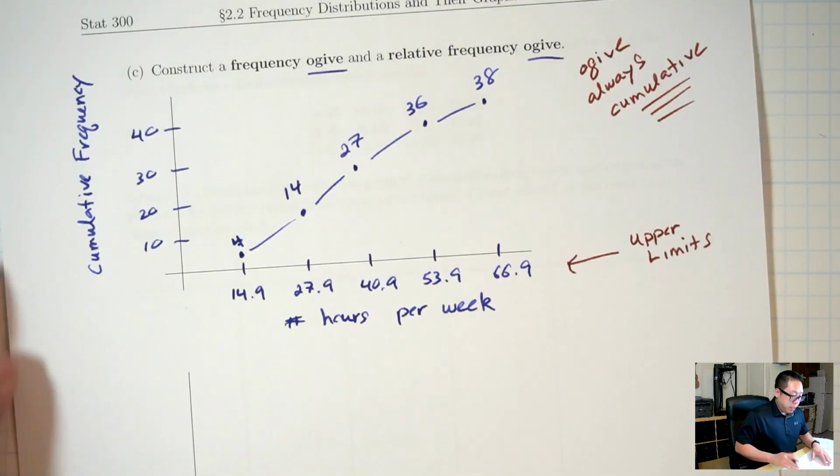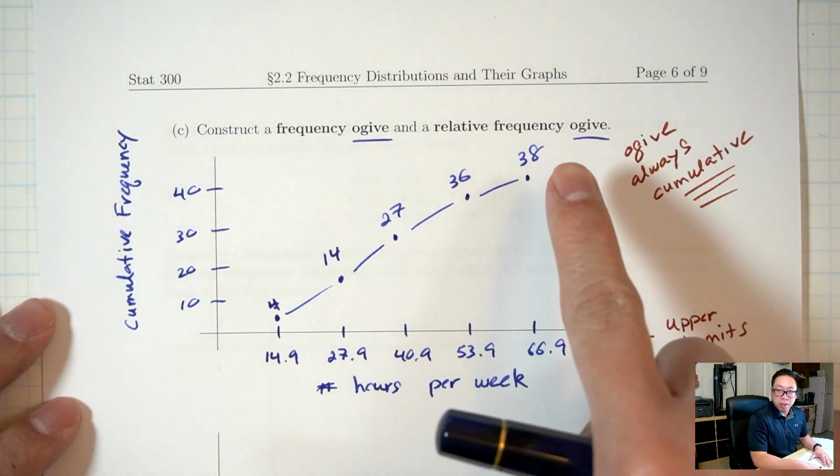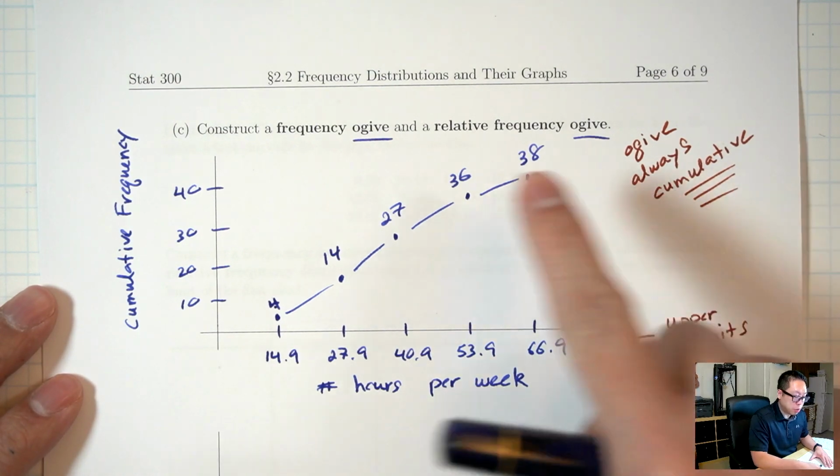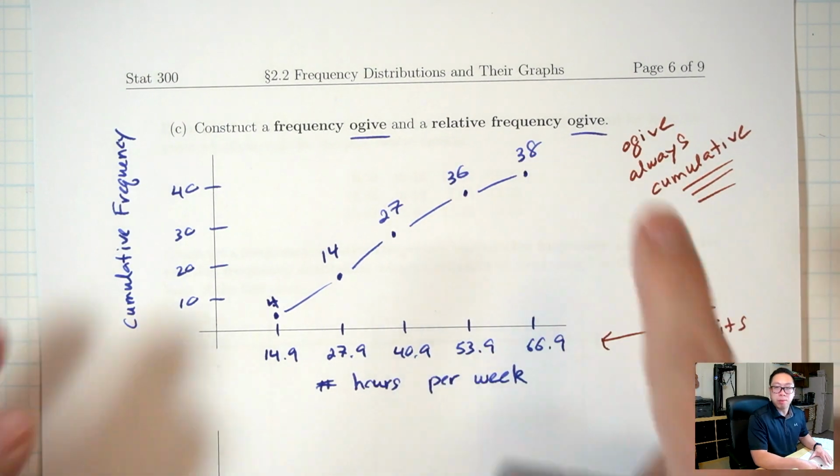It's called a relative frequency ogive, but with ogive, always add the word cumulative to it, so you should actually be putting cumulative relative frequency.